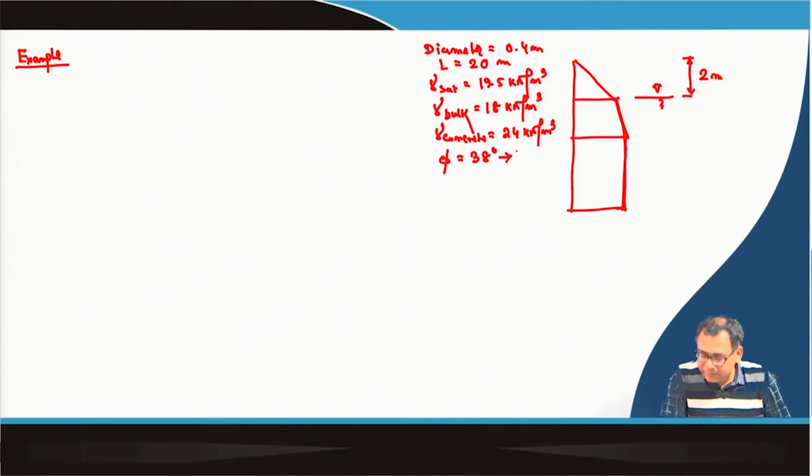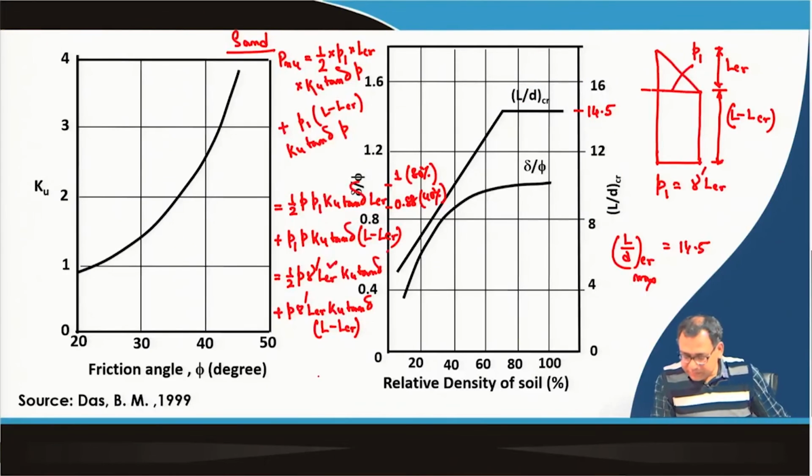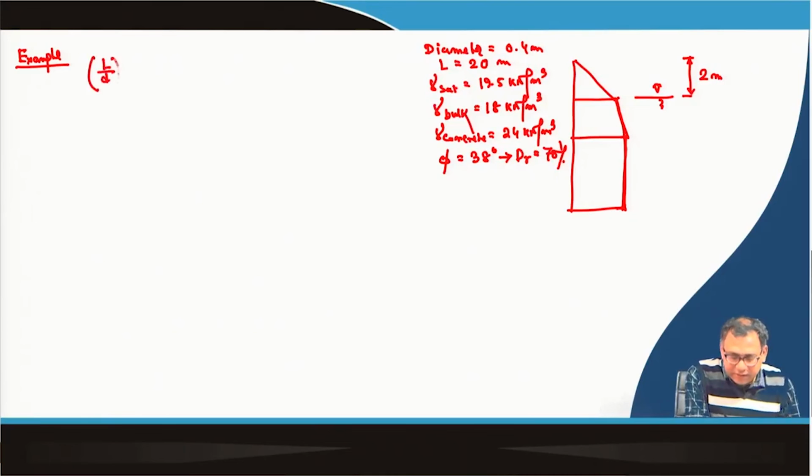Corresponding relative density RD is given 70%. So, what would be the critical length? Which is again 14.5. The same 14.5. So, corresponding L by D critical will be 14.5.